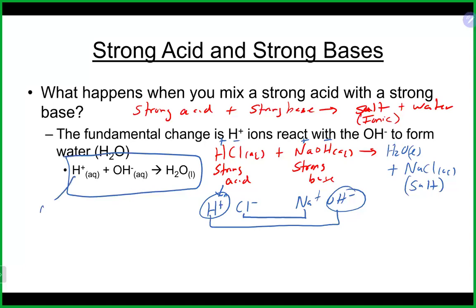The H plus from the acid and the OH minus from the base come together, and you're basically making water, which is why these are referred to sometimes as acid-base neutralization reactions, because you're making water ultimately. And that's also the reason why this reaction is taking place. Any questions on that there?